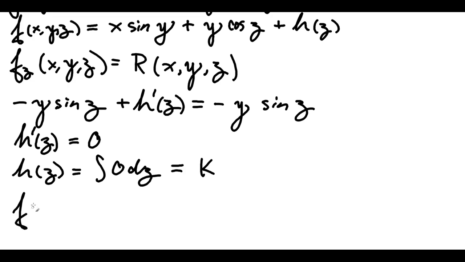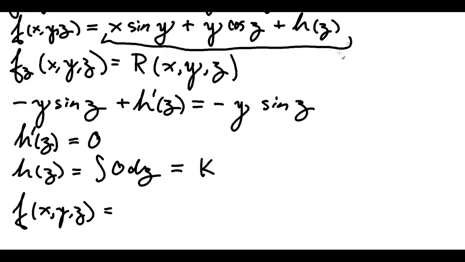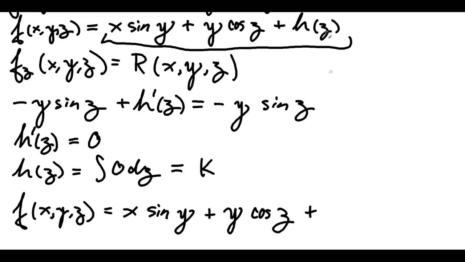And that means then that the vector field we're looking for, small f of x, y, and z, is equal to, let's look at the form that we have. It's this stuff here. We have x sine y plus y cosine z plus h of z, and h of z we just found is a true constant.